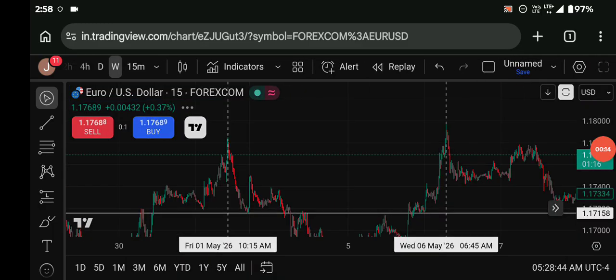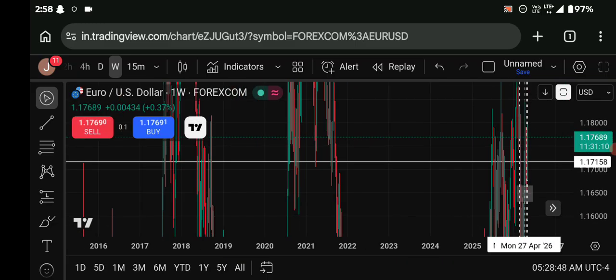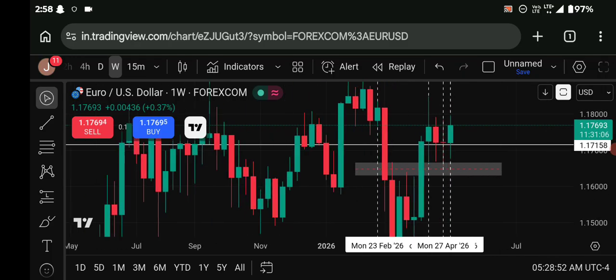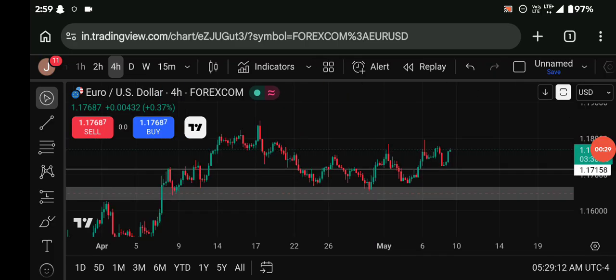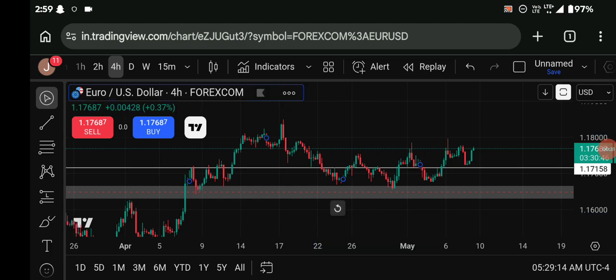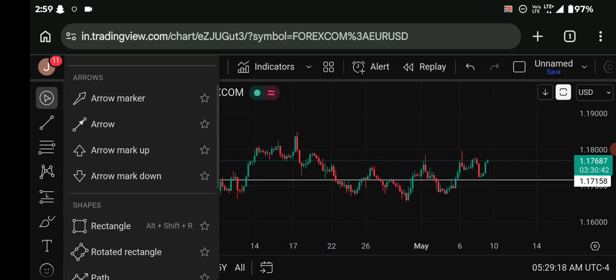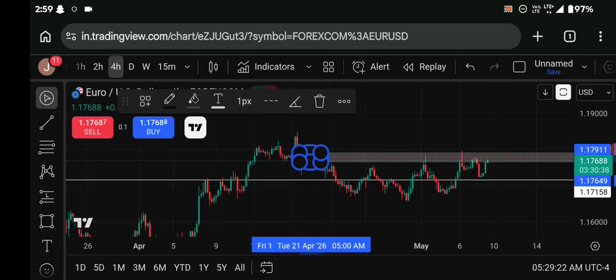So first of all guys, we will go to the 4-hour chart, and you can see that there is a bearish fair value gap here.